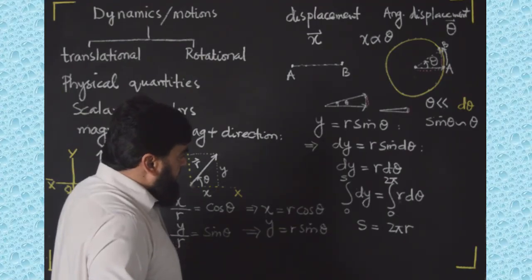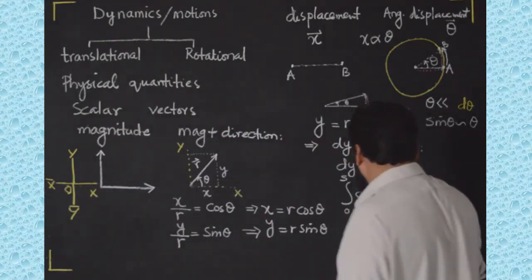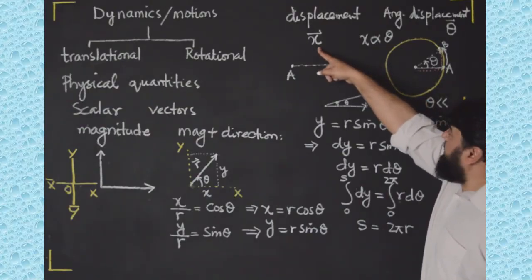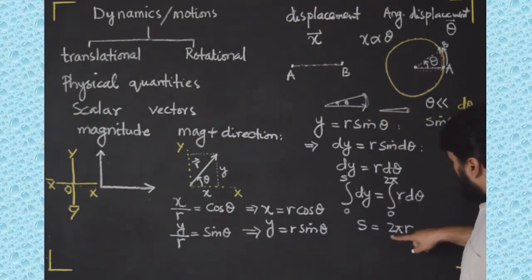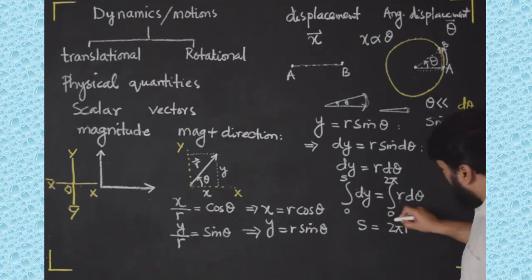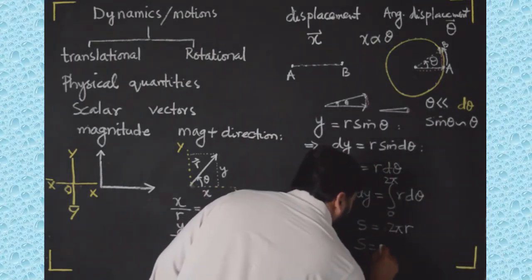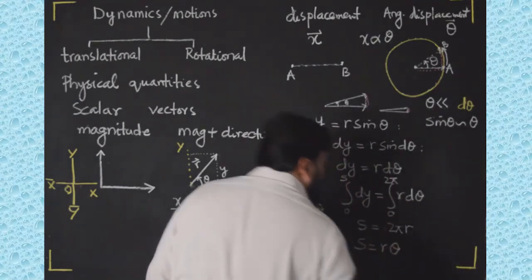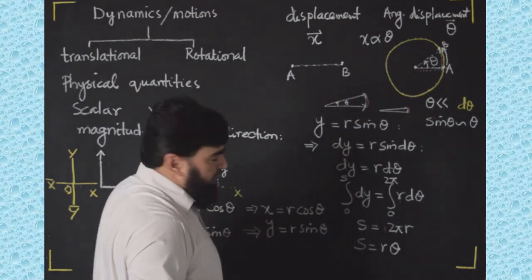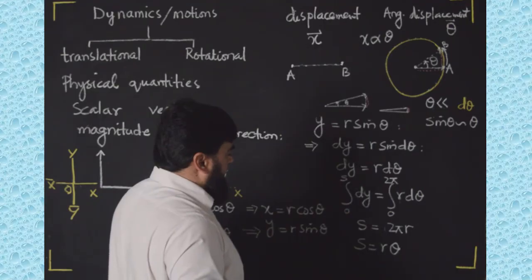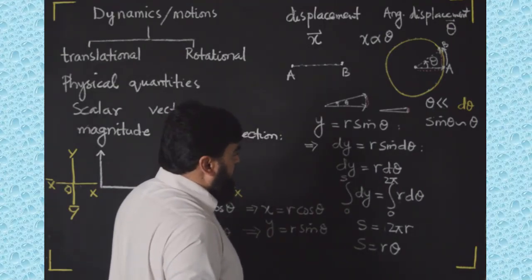So I can say that this distance x, which is the linear distance, is equal to 2 pi times r. Now this 2 pi is actually the angle, so I can write r times the total angle. So I can write s equals r theta, or x equals r theta.